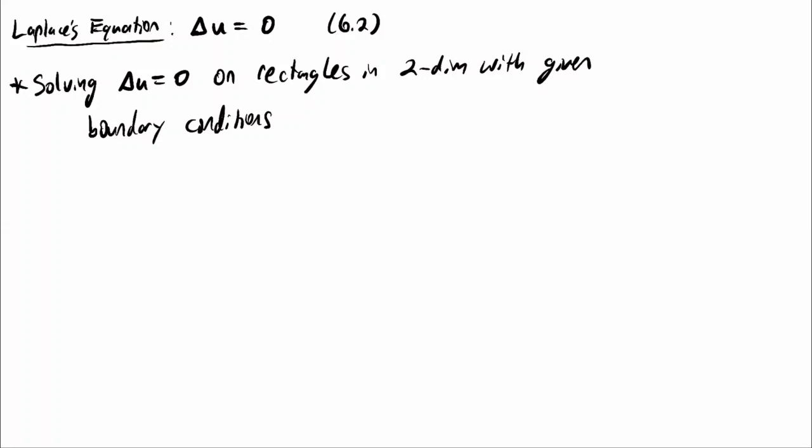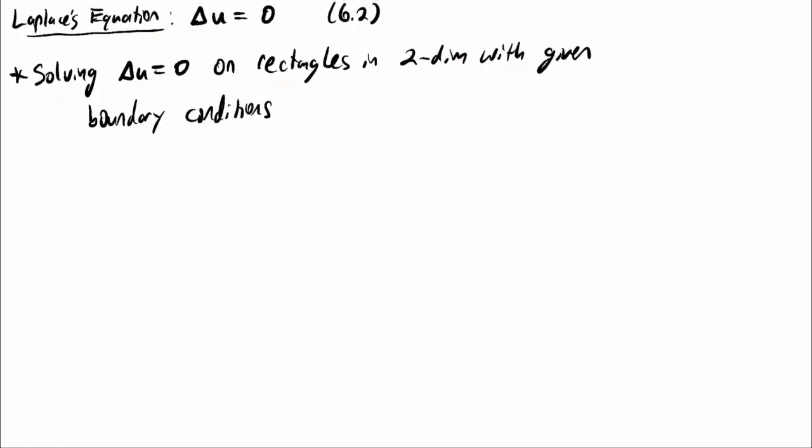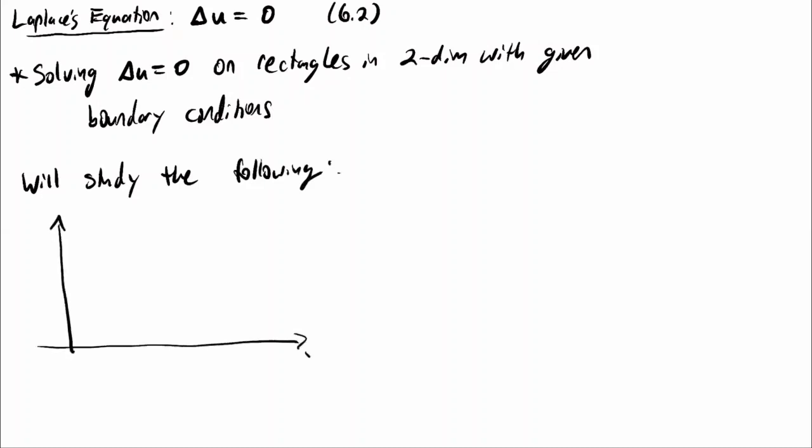Right, and so maybe diving into more of the specifics, what are we actually going to look at today? We're going to study the following boundary value problem. Let's say we're looking in 2 dimensions, so let's say this is the XY plane.